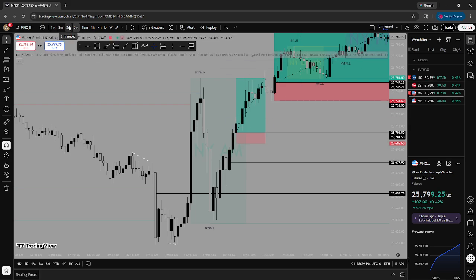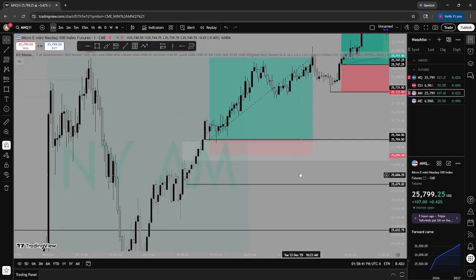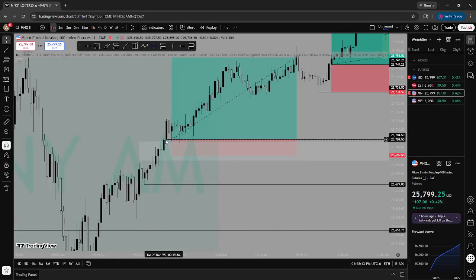But what I believe I did was, we had the 5-minute PD array right here. Let's mark that out. Drop down to the 1-minute time frame, and I had my entry at this little fair value gap right here.